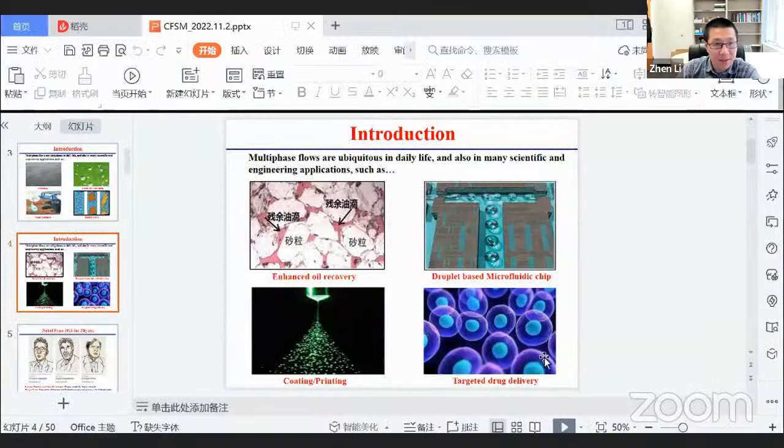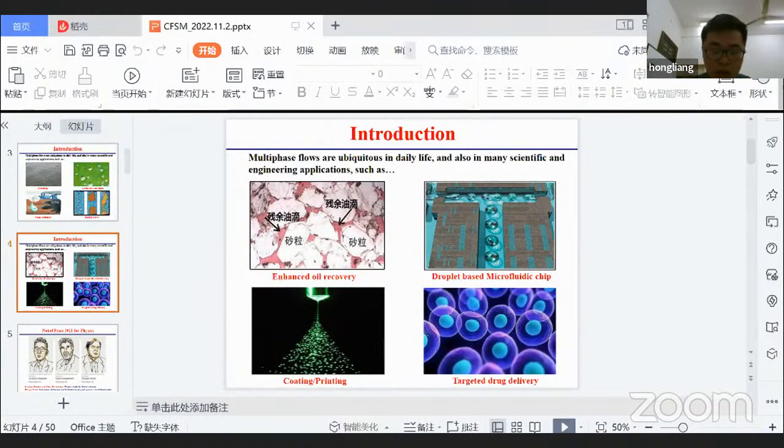Can you see this? This is the PowerPoint. Can you see the screen? Are you using full screen or this PowerPoint window?